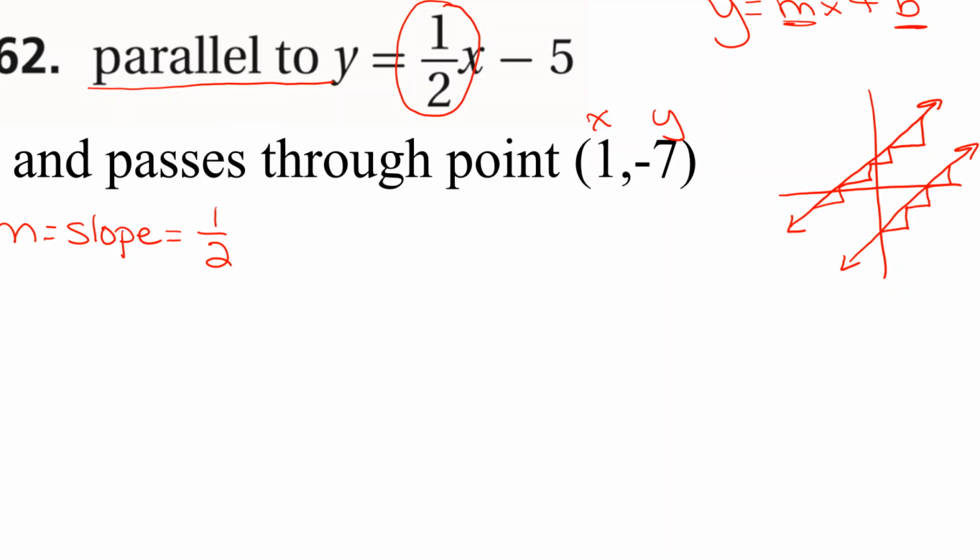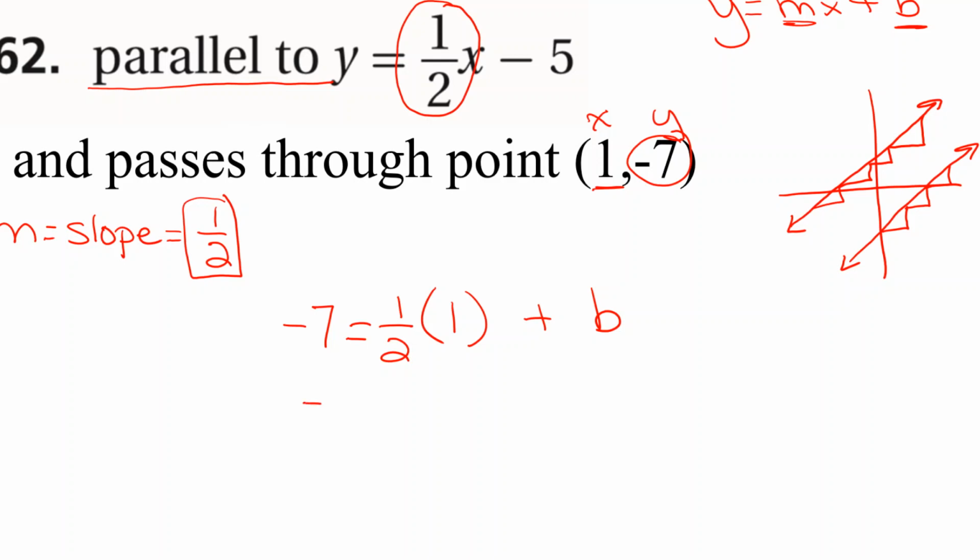I'm going to set my equation up. I have y, which I can see is -7. So I'm going to say -7 equals m, and we decided that our slope was 1/2, so 1/2 times x, which is 1, plus b. 1/2 times 1 is 1/2, so I have -7 equals 1/2 plus b.